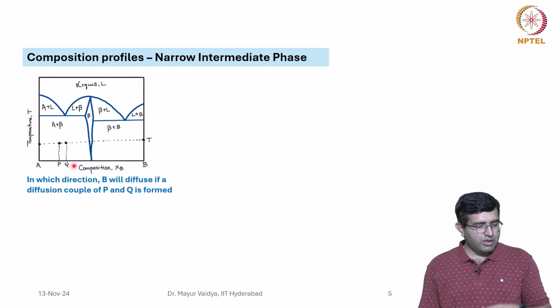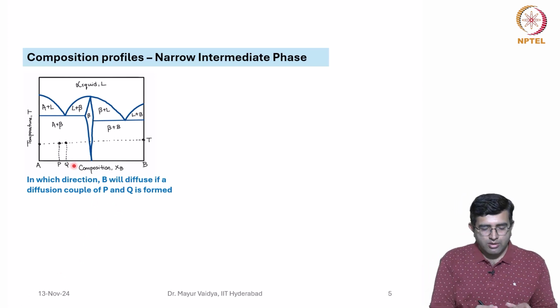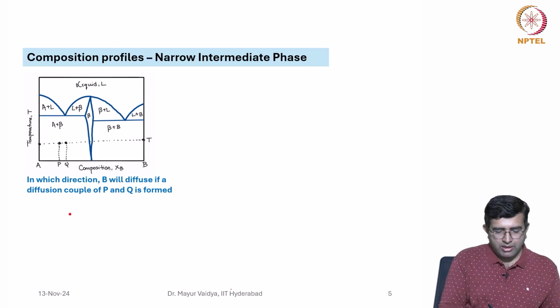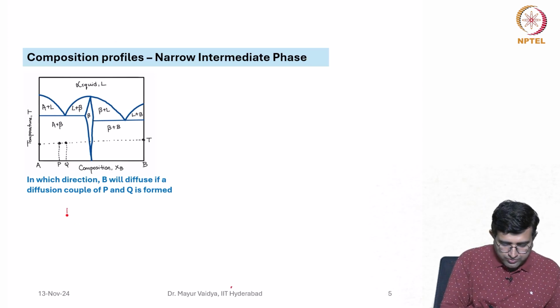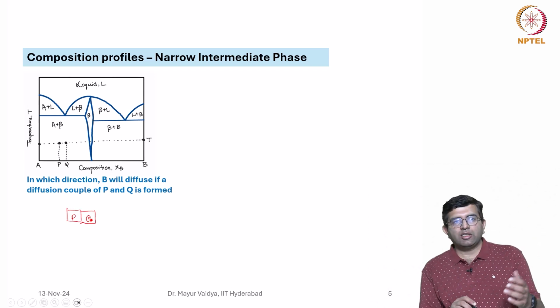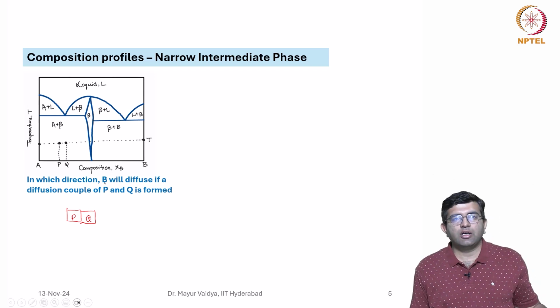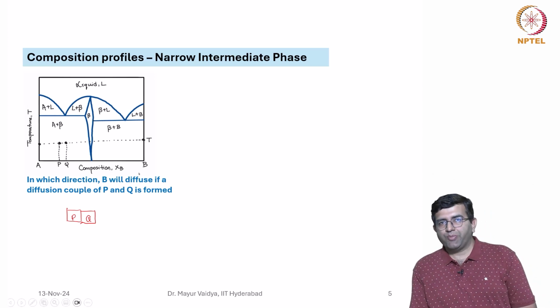Let me just try to represent it here. Suppose I make a diffusion couple of alloy P and alloy Q and heat it to the temperature T. In which direction do you think the B will diffuse?